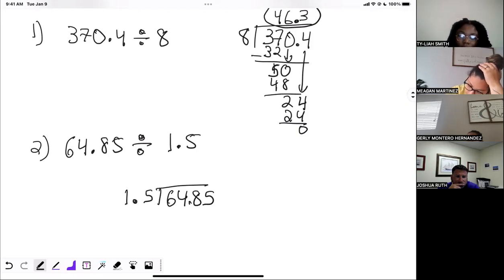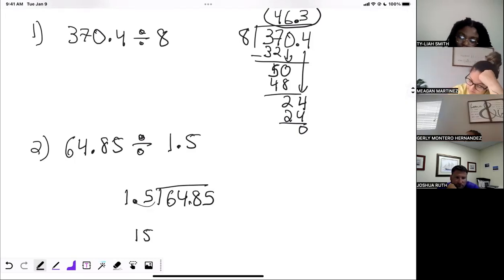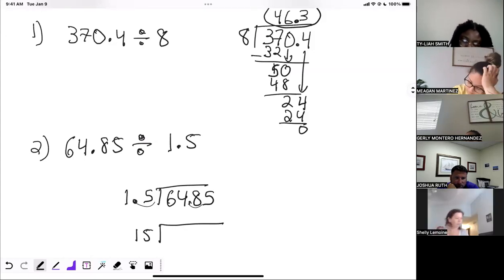All right, we cannot divide if we have decimals here. We have to fix it. How do we fix it? We fix it by moving a decimal place. So I'm going to move the decimal place over here to make 15, which means I got to move the decimal place over here and put it after the 8.